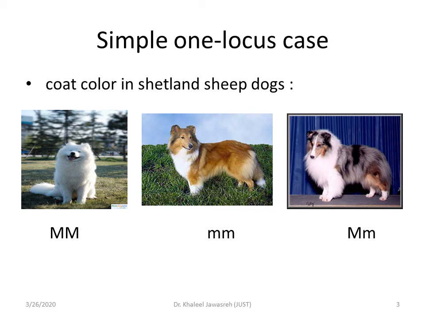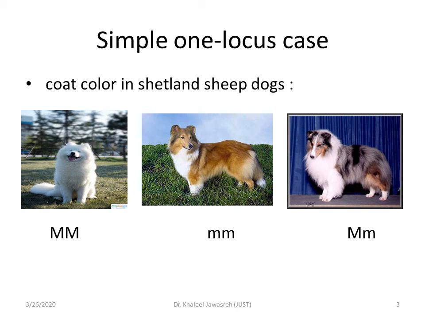select for it. For example, as you see from those pictures, we have a certain trait. We take here the coat color in the Shetland sheepdogs. As you see, the homo dominant or homo recessive genotypes produce a distinctive color for those dogs. But the heterozygous, as you see from here, this one to the right of you, will produce a certain different color from the homo dominant or homo recessive.